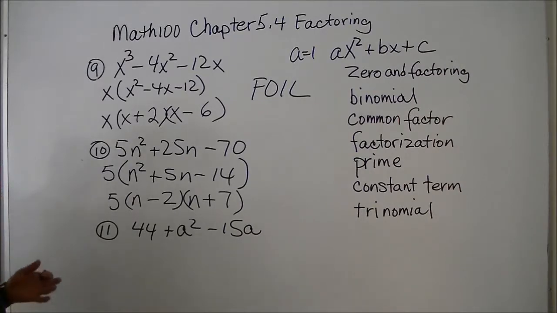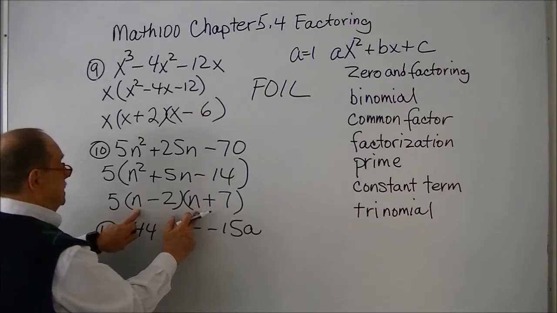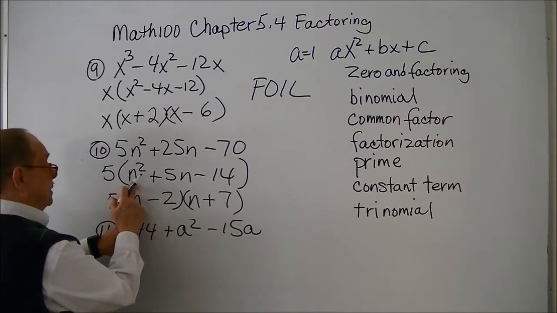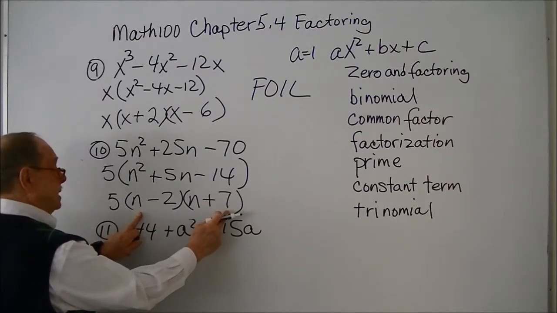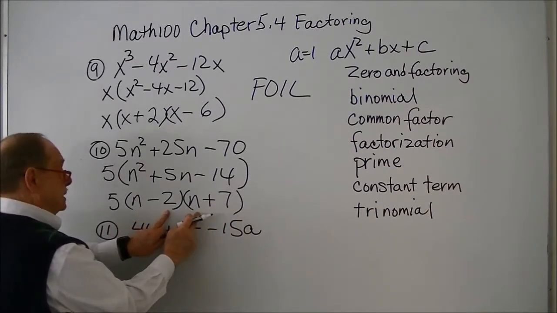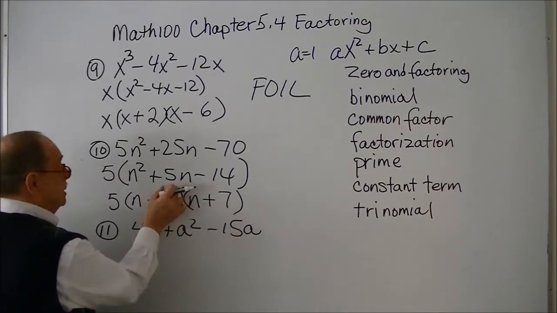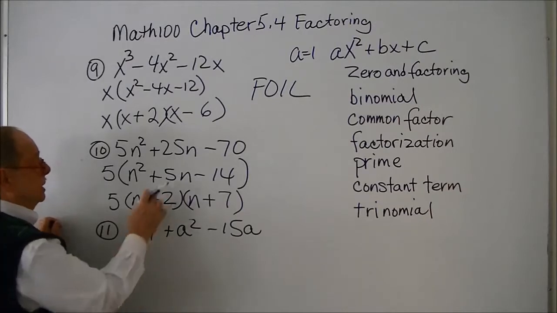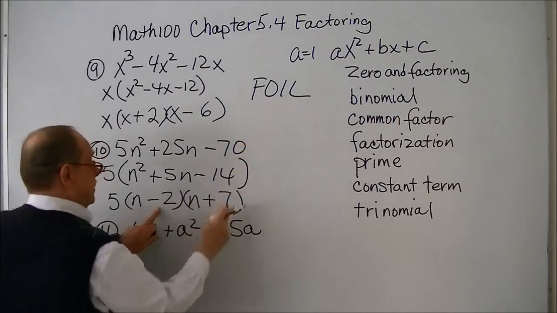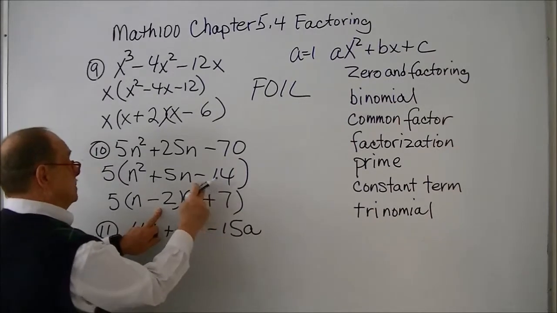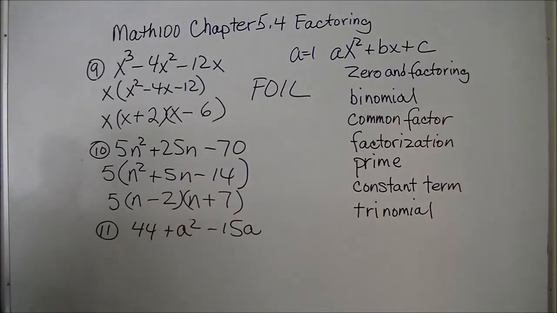So once again, you check these by doing the FOIL, n times n, n squared. My outers, a positive 7n, my inners, a negative 2n, that when I add them together gives me my positive 5n. And then my last, for my FOIL, gives me a negative 14.